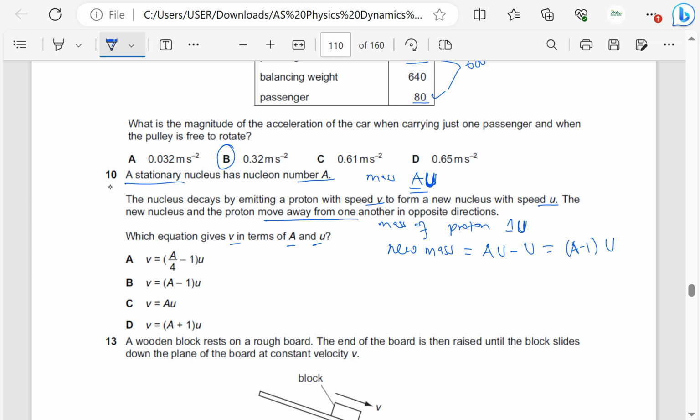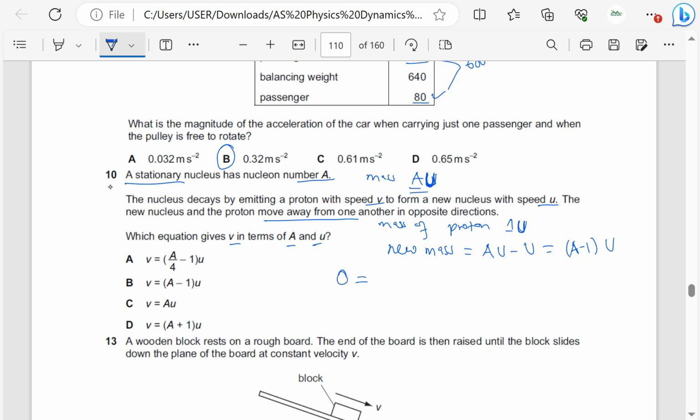So now, which equation gives V in terms of A and U? So the new mass is going to be A minus 1 times U. So let's use conservation of momentum now. By conservation of momentum, total momentum before is 0 because it was at rest.